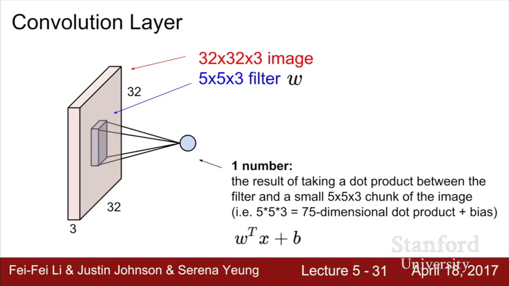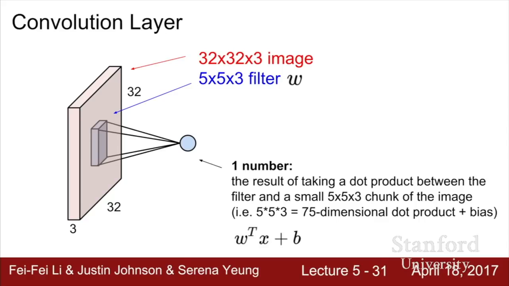And then we're going to take this filter, and at a given spatial location, we're going to do a dot product between this filter and a chunk of the image. We're just going to overlay this filter on top of a spatial location in the image, and then do the multiplication of each element of that filter with each corresponding element in that spatial location that we've just plopped it on top of.